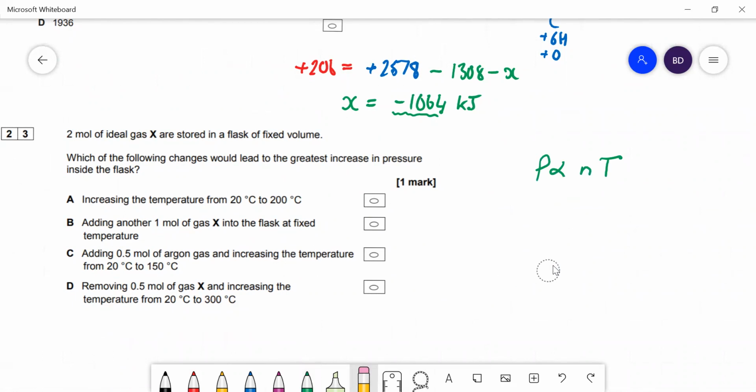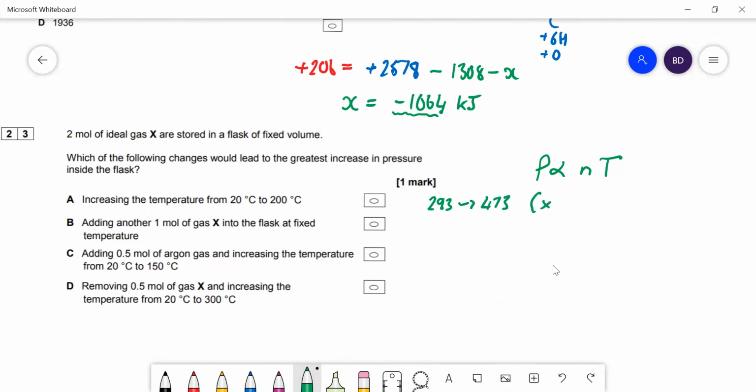So we have increased the temperature from 20 degrees C to 200. We have to be careful here, it's not 10 times the temperature. It's easy to think that, but we've got our 273, so that's going from 293 up to 473.